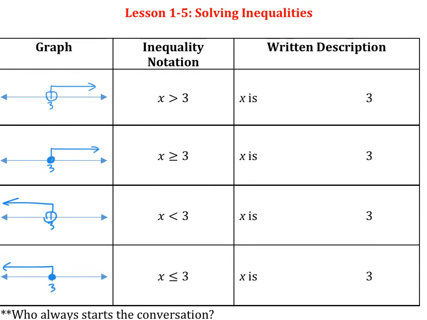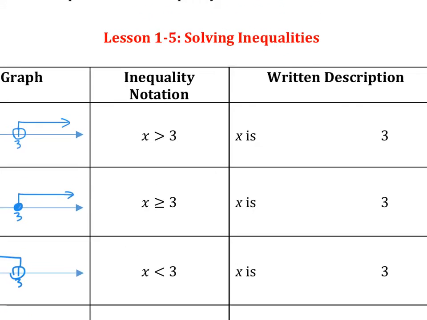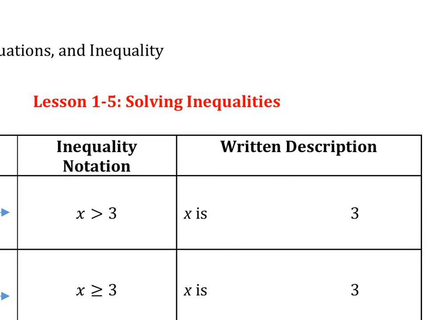Now let's explore really quickly some of the ways that you will see in a word problem that actually mean any of those inequality notations. So for example, first one, x greater than 3. Then as a written description, you're probably going to see x is greater than 3. So pretty easy.